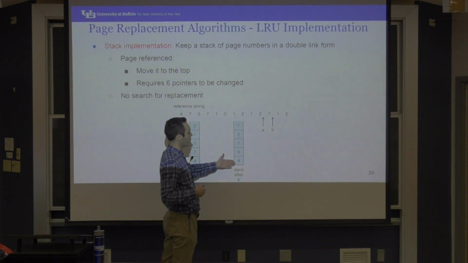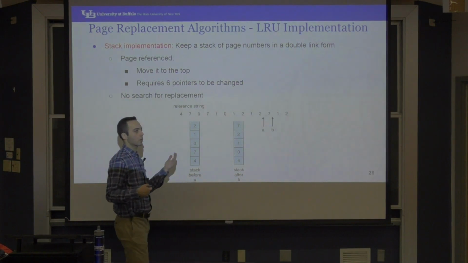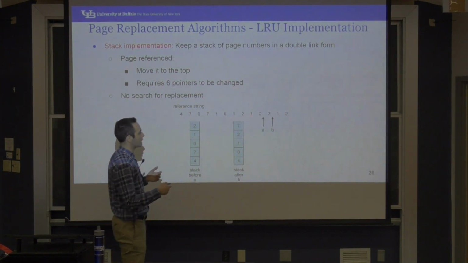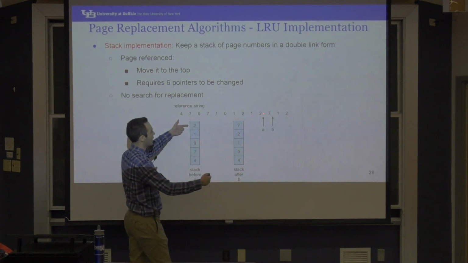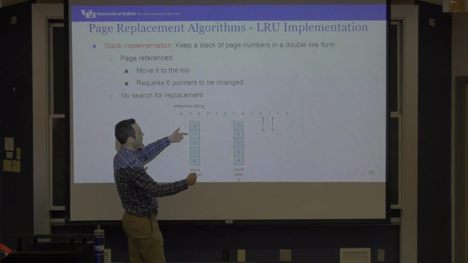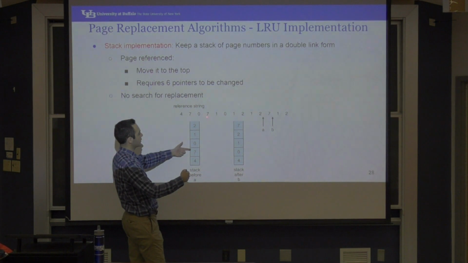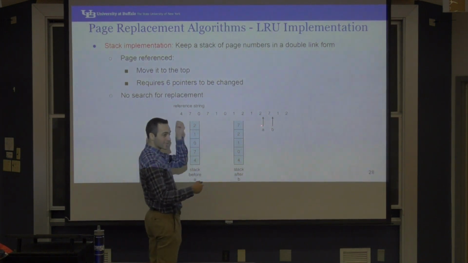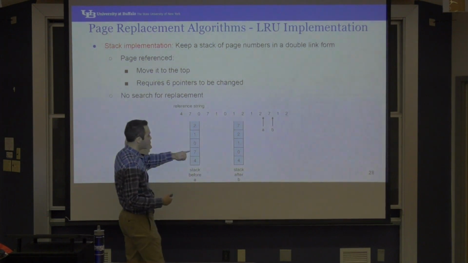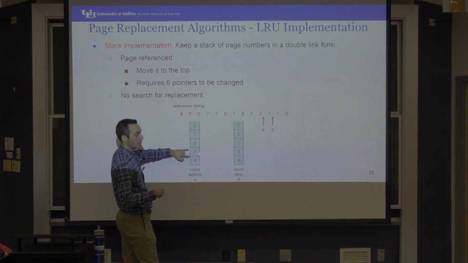So then the one at the bottom would be the one that is least recently used. Let's say at point A, we have 2 at the top, and then 1, and then 0, and then 7, and then 4, right? When 7 is accessed, it's a double linked list, so there's a pointer from this to this, from this to this, and also from this to this, and from this to this.